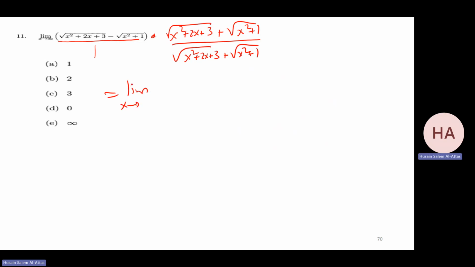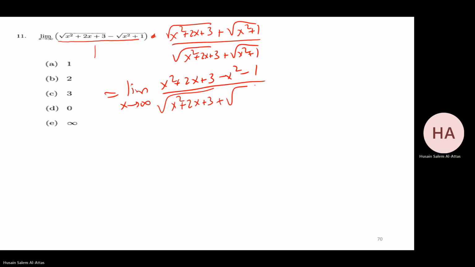Limit as x goes to infinity, x squared plus 2x plus 3 minus x squared minus 1, over all of this. So this is cancelled. You have what? 2x plus 2 over all of this.